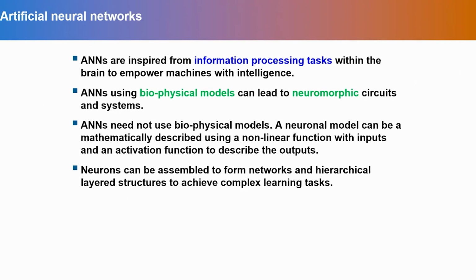Suppose we want to endow a robo that can have vision like humans, that can speak like humans, maybe even sing music like humans, right. Then we have to understand how biophysical processes work and sort of bring in biophysical models.